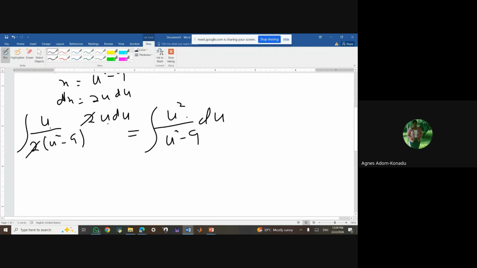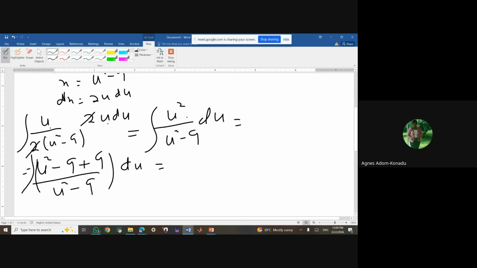This is the same as u squared plus 0, which is the same as u squared, and my 0 I want to write as minus 9 plus 9. So I have the integral of u squared minus 9 plus 9 over u squared minus 9 du.